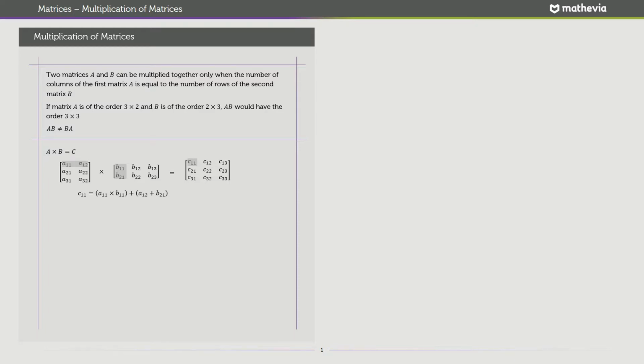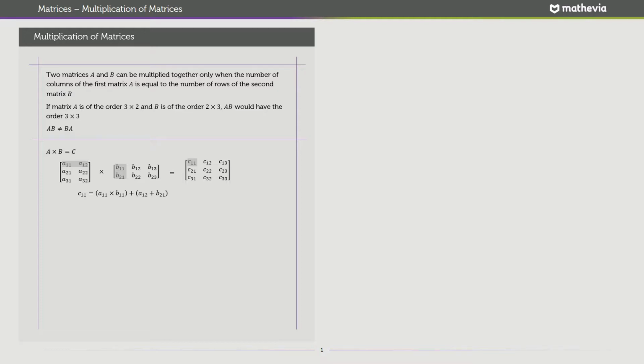Now let's break this down. Like I said, for C11 you make use of the first row of A and the first column of B. You multiply A11 by B11, the first element of the row by the first element of the column, and then you add that to A12 times B21.